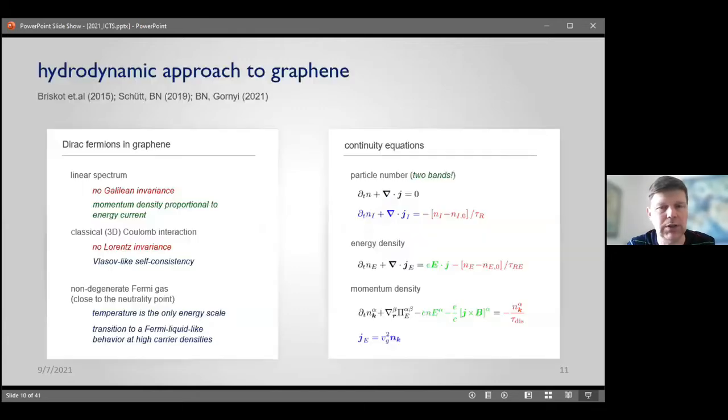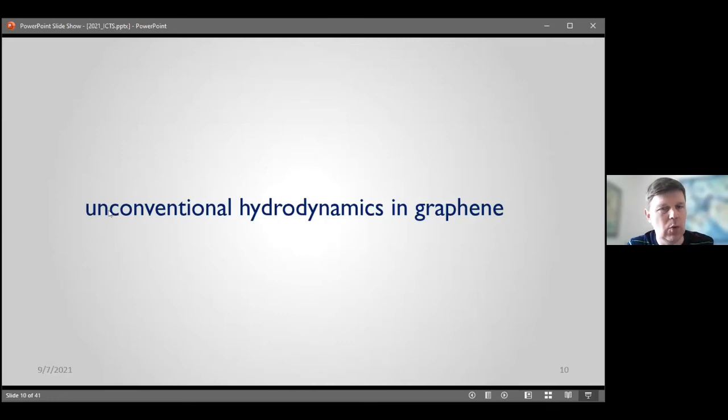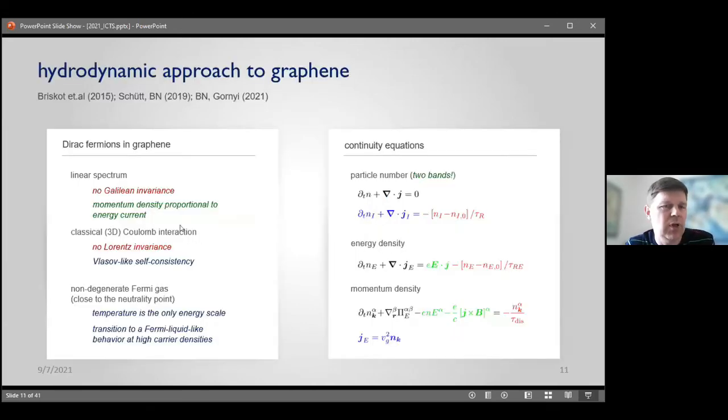Now, the electronic hydrodynamics in graphene we call unconventional because the conservation laws observed there are slightly different than in conventional fluids. So first of all, the excitation spectrum of quasi-particles in graphene is linear, and therefore there is no Galilean invariance in the system, and as such we cannot simply copy the standard hydrodynamic equations and apply them to electrons in graphene.